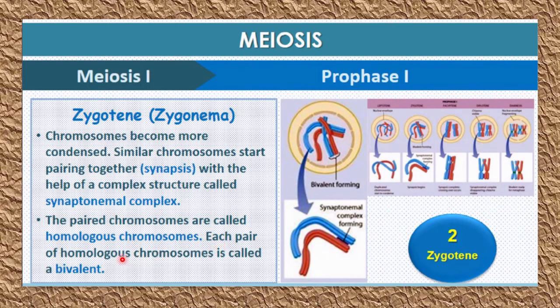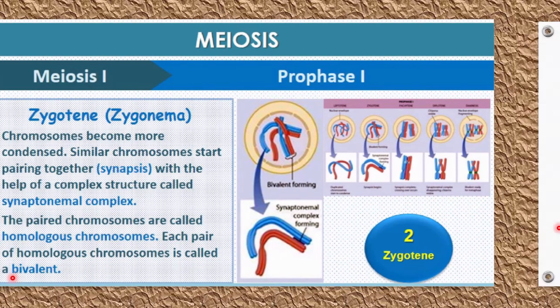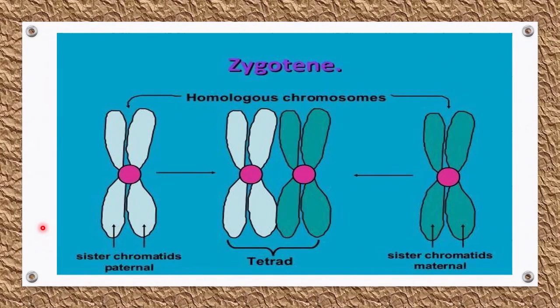Each pair of homologous chromosomes is now called a bivalent. Here you can see two thread-like structures will be observed, and that's why it is called bivalent. Let us understand more by using this diagram. Here you can see this is one chromosome, this is the second chromosome, this is a maternal chromosome, and this is a paternal one. Both have similar characteristics, and that's why they are considered similar chromosomes. Such chromosomes which have similar characteristics will pair together, and that paired chromosome is now called homologous chromosome.